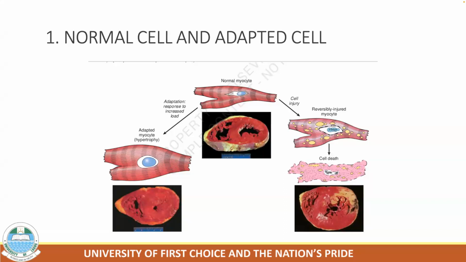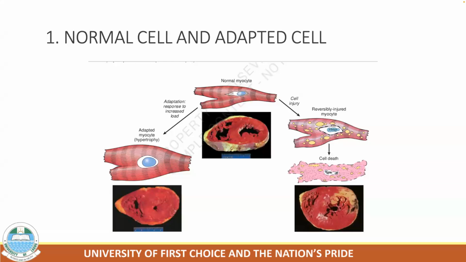optimally. Now, in the presence of stress or strain, and stresses can be, for example, when you're lifting weights, it can be a disease process as well, or could be exposure to toxin and strain, right? So both of these conditions can be exerted on the normal cell, leading to adaptation, right?